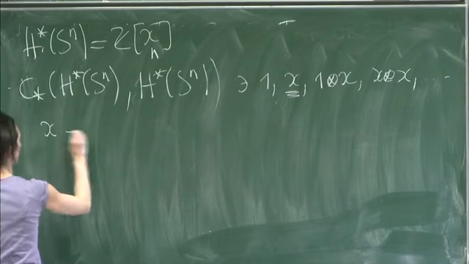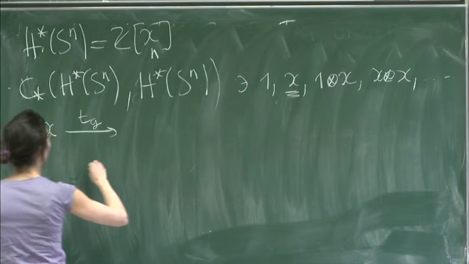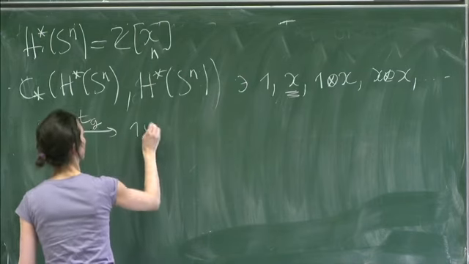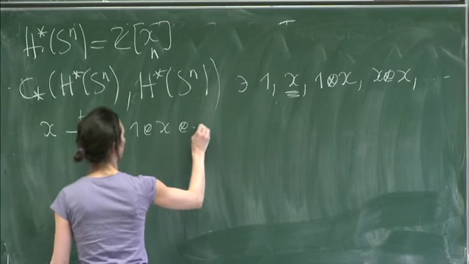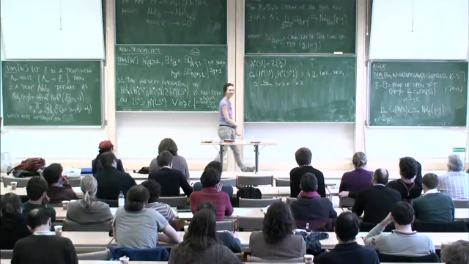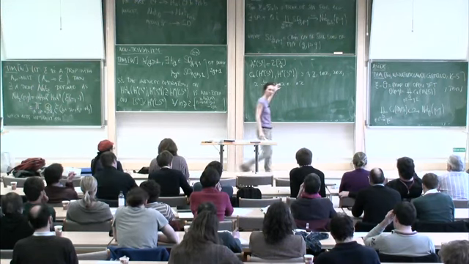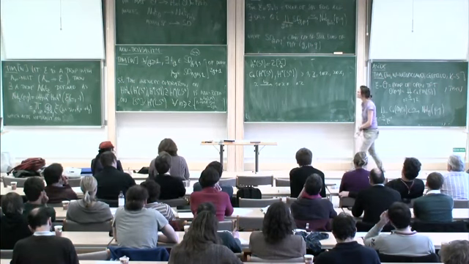And the operation, say if we take TG, is going to send x to 1 tensor x, and this is where I have to count how many x's. That's what it does, and there's no sign issue because there's only one class it hits.